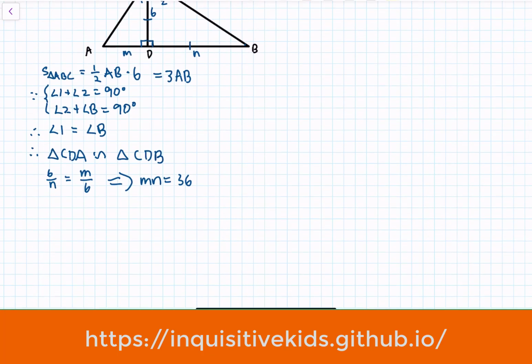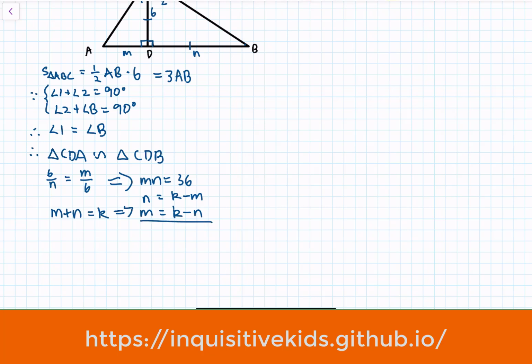And we can let m plus n equal a number, k. So this also means that we can write m is equal to k minus n. You could also write n is equal to k minus m. In the end, it doesn't really matter. But for now, we're going to use this bottom equation.